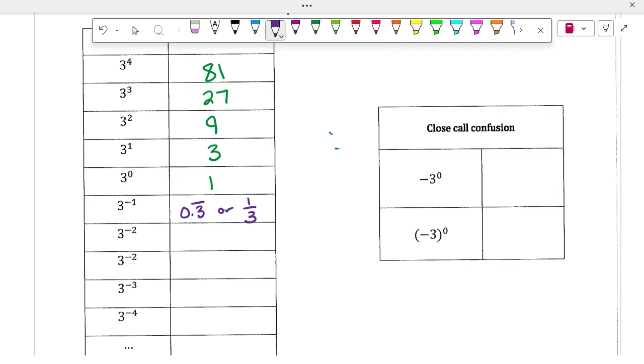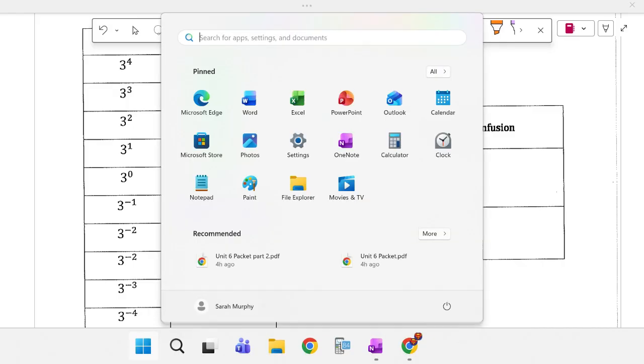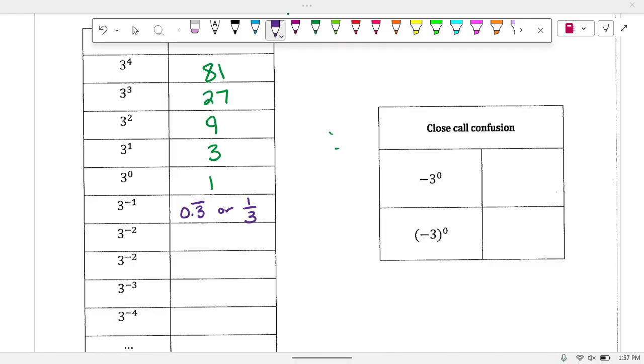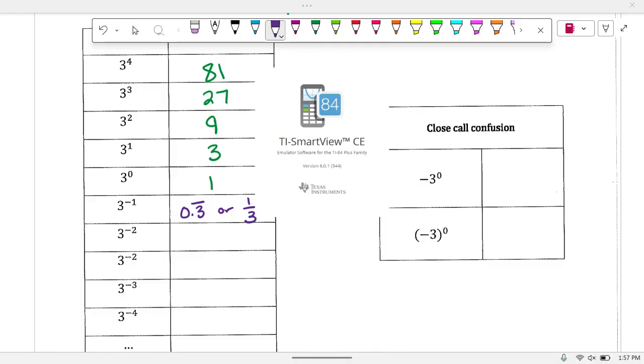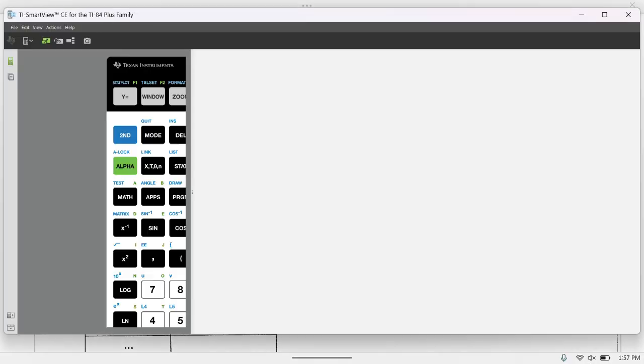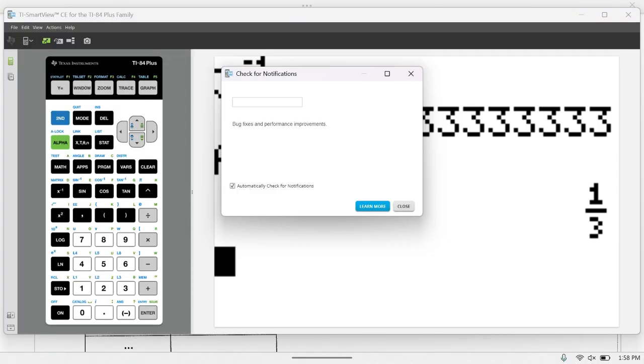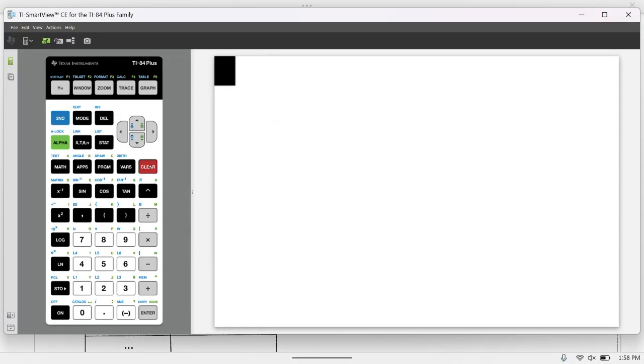Now, how many of you know how to convert to a fraction in your calculator, given a decimal? Well, that's a good piece of knowledge to know, so let's go over it really quick. All right, so how to convert. So I'm going to put 3 to the negative 1 in.